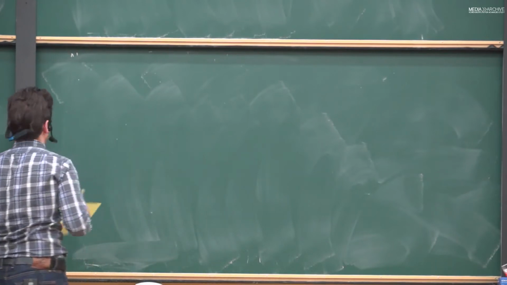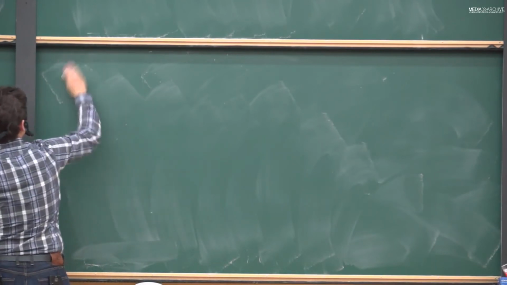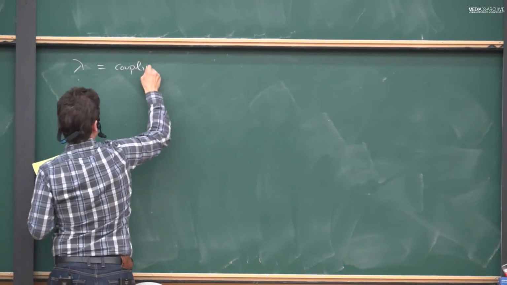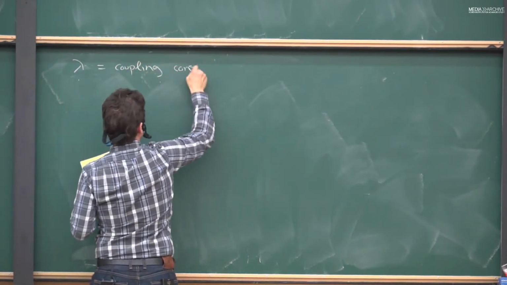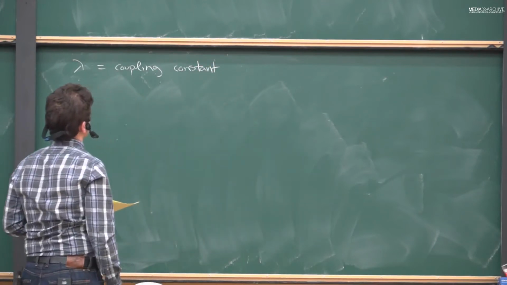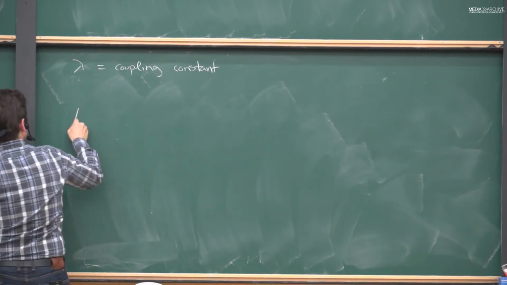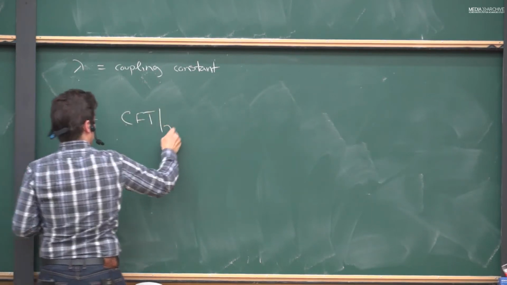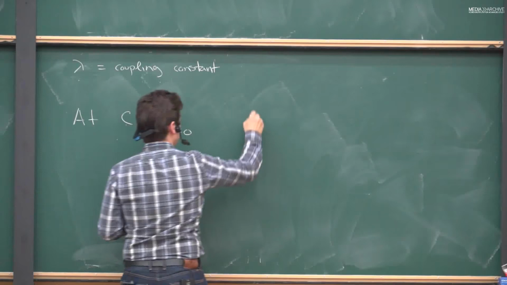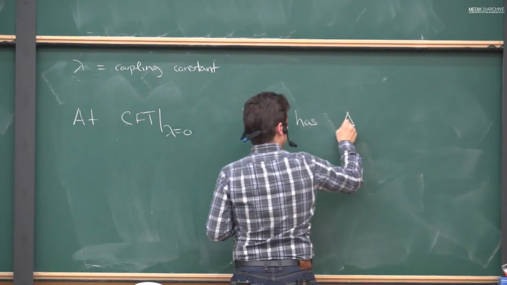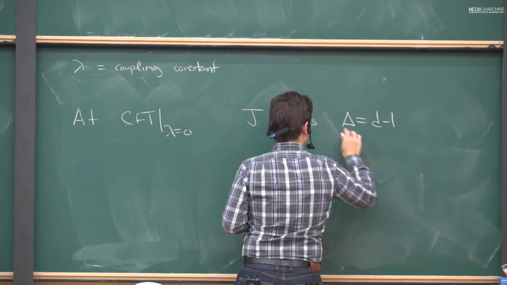Well, what should happen? Let's call lambda the parameter, and let's say lambda equals 0 is our original CFT. At the CFT at lambda equals 0, we know that the current has dimension d minus 1.